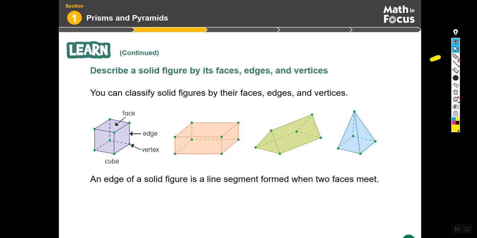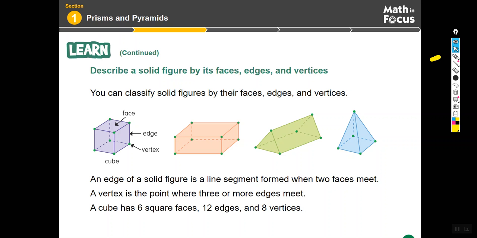An edge of a solid figure is a line segment formed when 2 faces meet. A vertex is a point where 3 edges meet, 3 or more, because there are instances with the square pyramid here where we have more than 3 edges coming together.